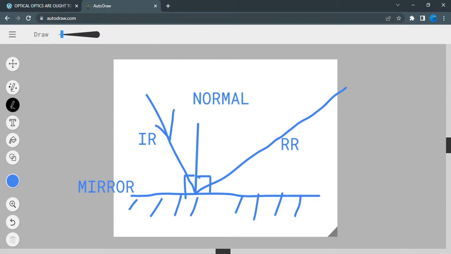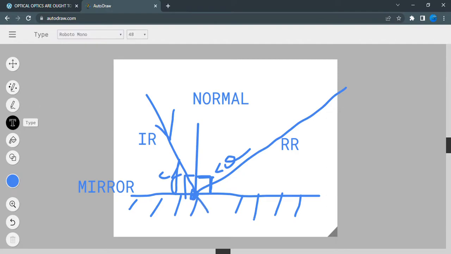Let's call this angle O, and this angle F. So angle O plus angle F is equal to 180 degrees, where angle O is equal to angle F, which means both of them are 90 degrees, since the normal is a perpendicular bisector on the mirror which meets at the point of incidence.